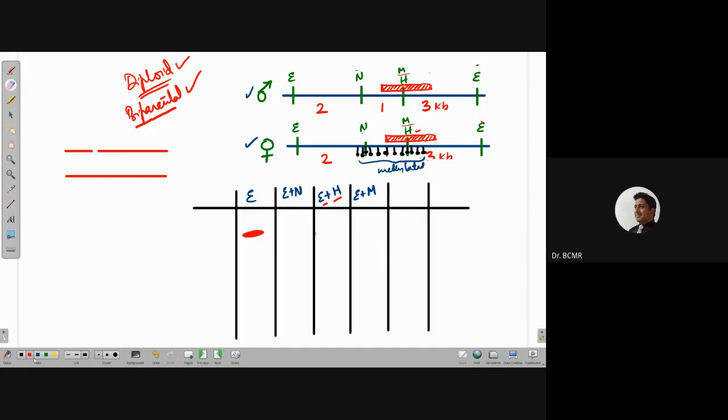And the probe is going to bind to this region, right? This is 2 kb, and this one is 4 kb, and this is 6 kb. What would you find then? The banding pattern. You will have a 6 kb fragment, and you will have a 4 kb fragment like this.